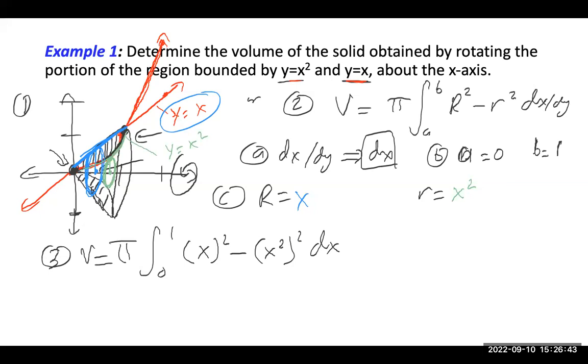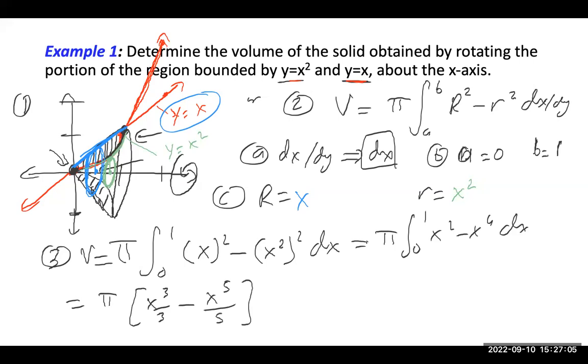As you are doing this, make sure that you always simplify first before you do the integral, okay? So before integrating, I'm going to simplify and say this is pi integral from 0 to 1 of x squared minus x to the 4th dx, which gives me pi times x to the 3rd over 3 minus x to the 5th over 5 from 0 to 1, and then we plug them in.